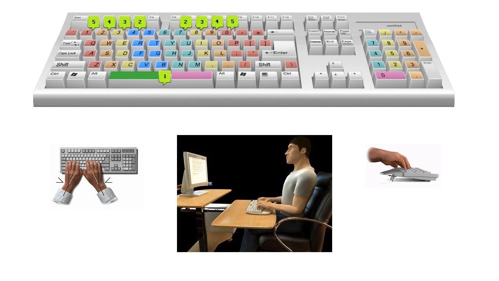Your first task is to place your left-hand fingers on these 4 keys of the home row as follows: F index finger, D middle finger, S ring finger, A pinky or little finger. Your right-hand fingers occupy their places as follows: J index finger, K middle finger, L ring finger, semicolon pinky or a little finger. The keys with letters F and J have small bumps on them.